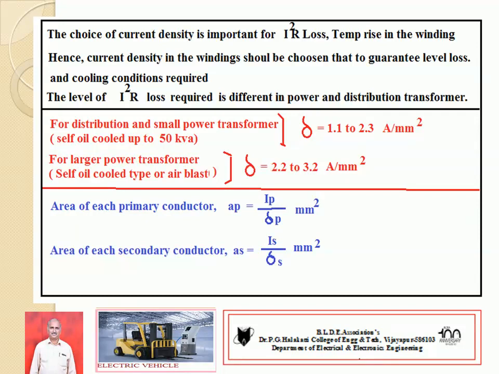For larger rating power transformers, self oil cooled type or air blast cooling, the permissible current density is 2.2 to 3.2 amperes per millimeter square, because cooling is superior compared to this one.